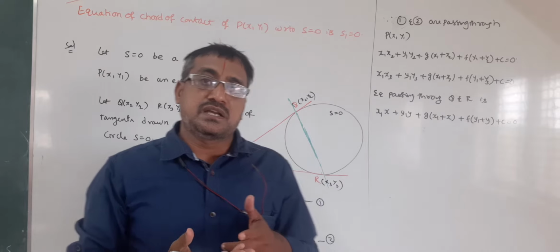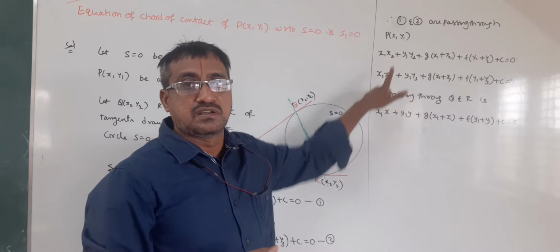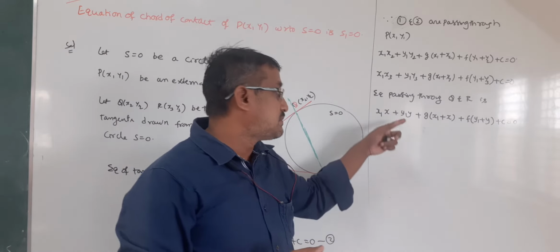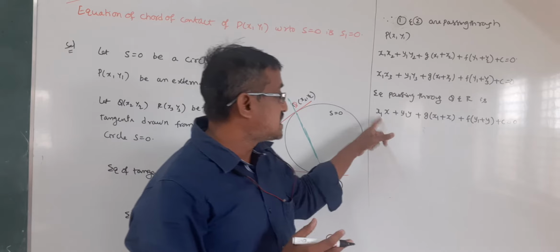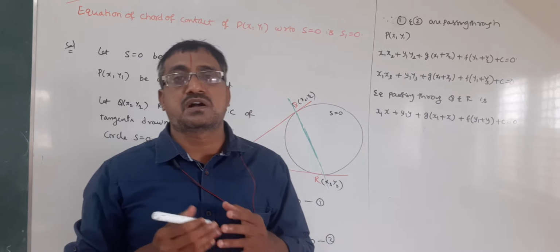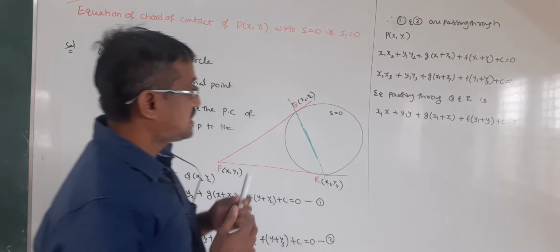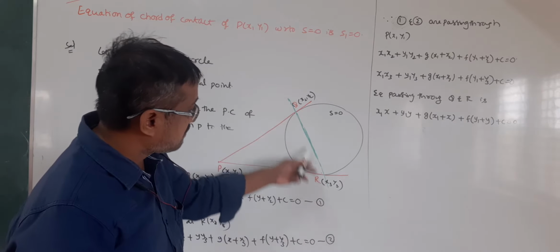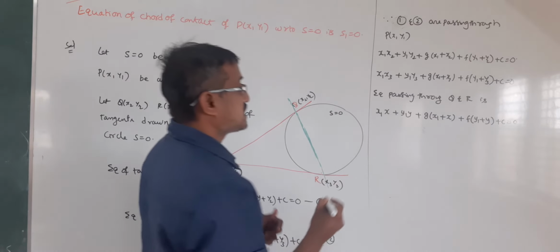If you write (x2, y2) in the place of (x, y), you will get the first equation. If you write (x3, y3) in place of (x, y), you will get the second equation. That means this equation represents a line passing through Q(x2, y2) and R(x3, y3), which is the required equation.